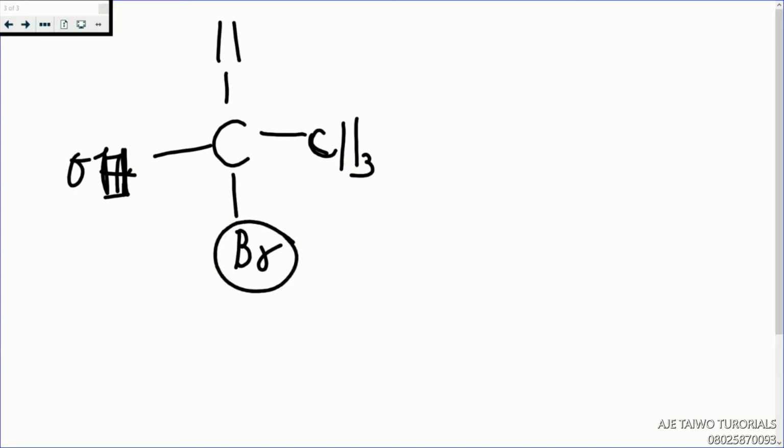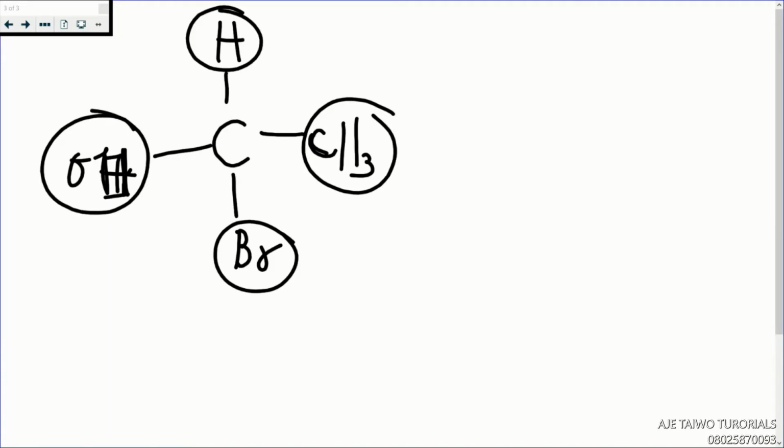This is a bromine, this is an alkyl, this is hydrogen, this is a hydroxy group. You must have four different things surrounding it, and we'll call that a chiral center.